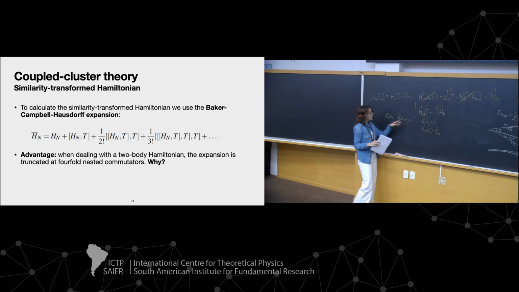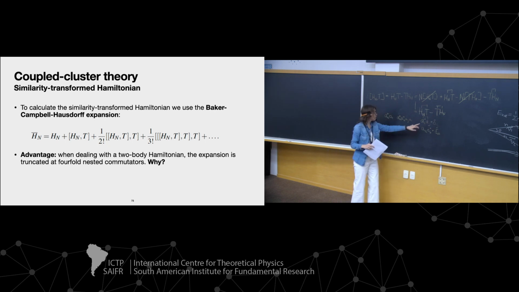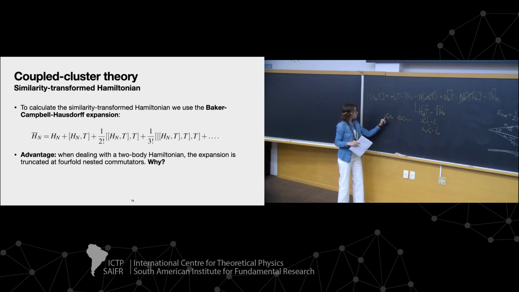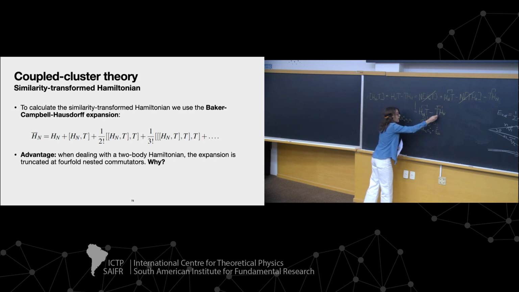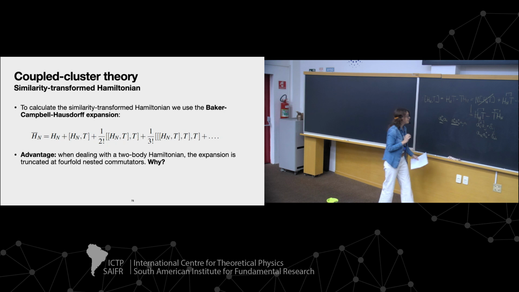If we have T H_N coming first, then only terms like a†_a a†_b, only particle operators, come first here. So this term, in the end, will not contribute, because only these operators are in front.